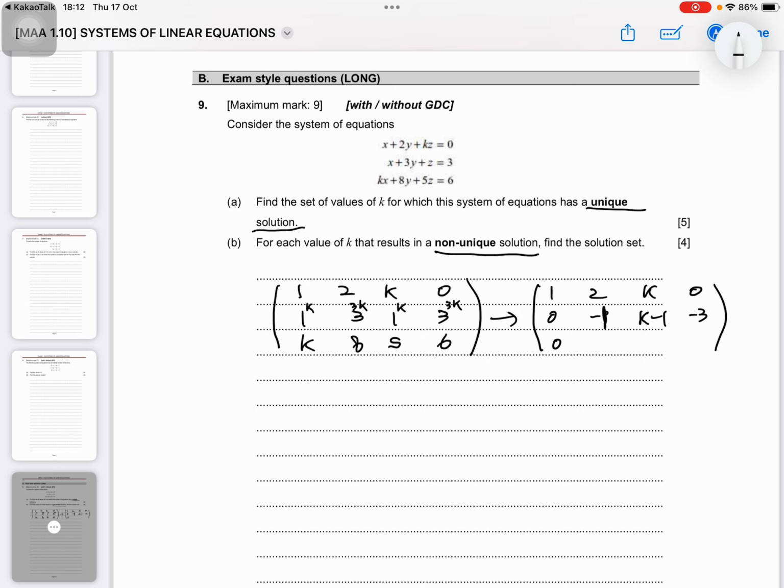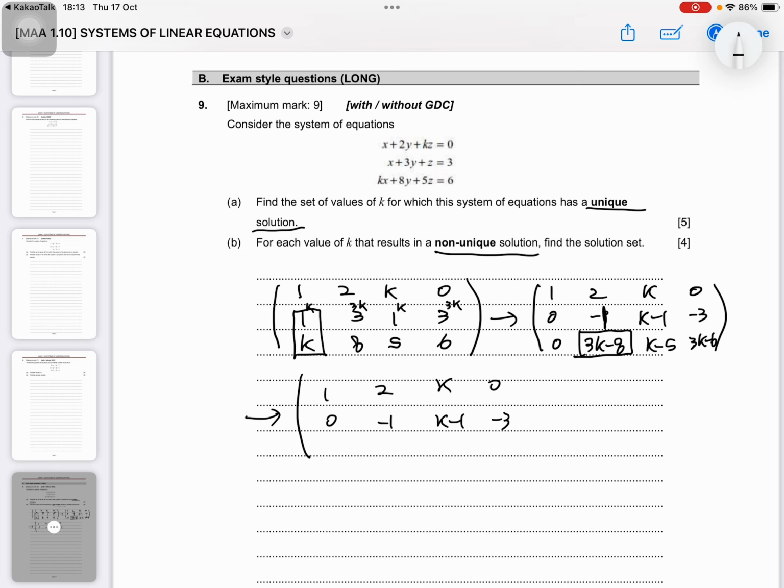So 0, 3k minus 8, k minus 5, 3k minus 6. And now I need to eliminate here. So 1, 2, k, 0, then 1 minus 1, k minus 1, negative 3.